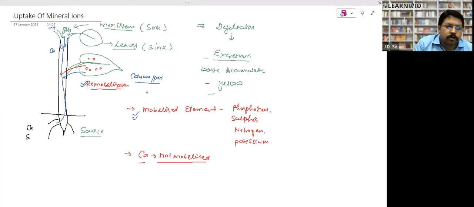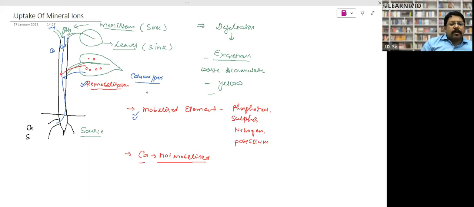Will it be an active process or a passive process? Tell me first. Active or passive? Uptake of mineral will always be active, right?